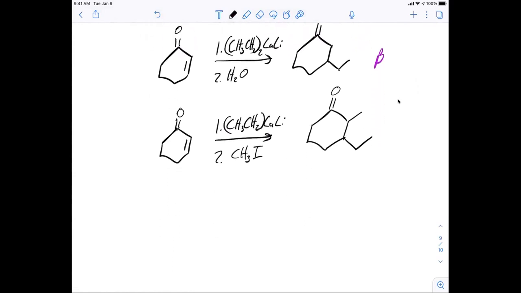again. We're going to need to look at this one so you can see what's going on. So with alpha beta unsaturated, first step, this is going to come here.